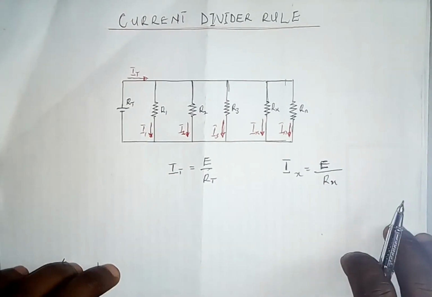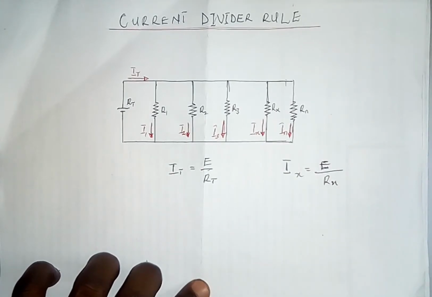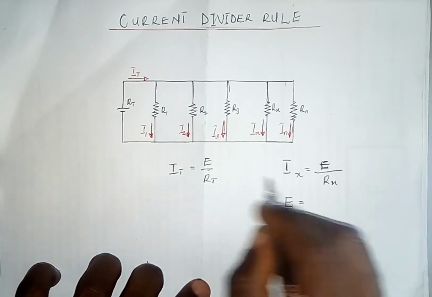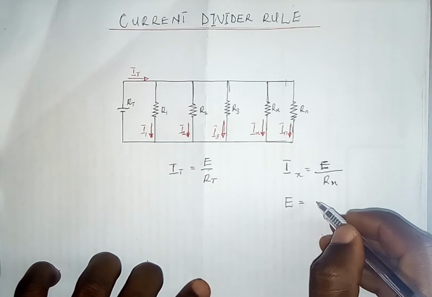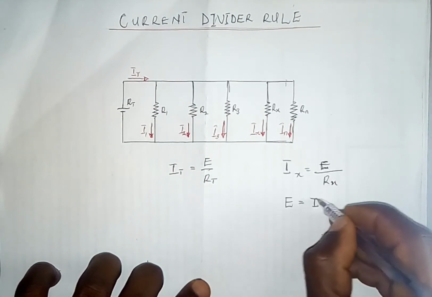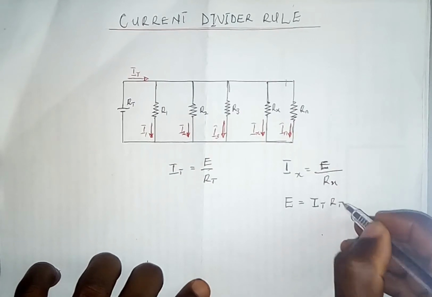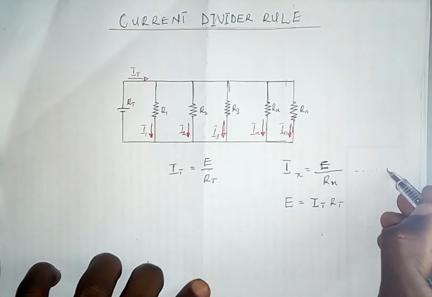But if we recall, according to Ohm's law, this particular E, the total E that is common to all these resistors, is the same thing as IR, or in this case IT RT. Let's say this one is equation 1.